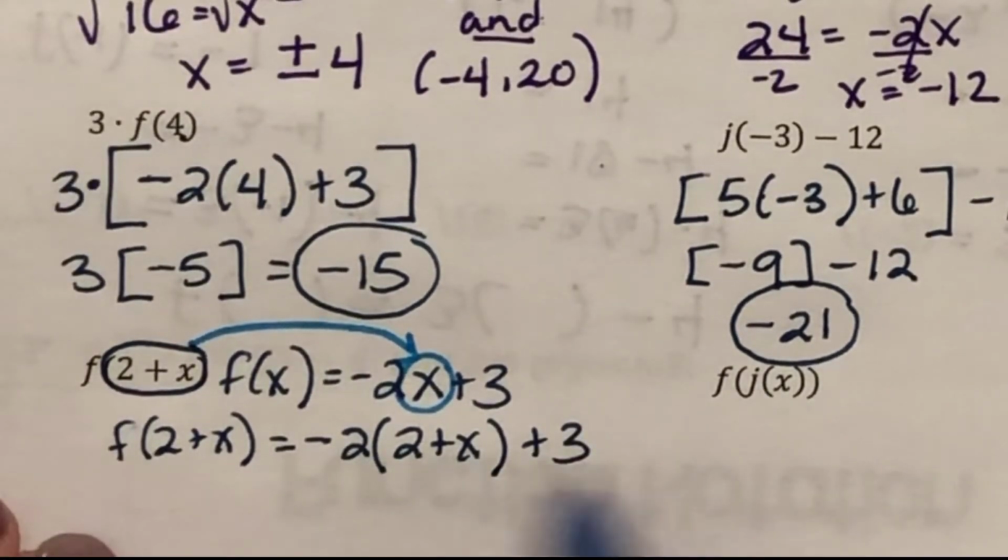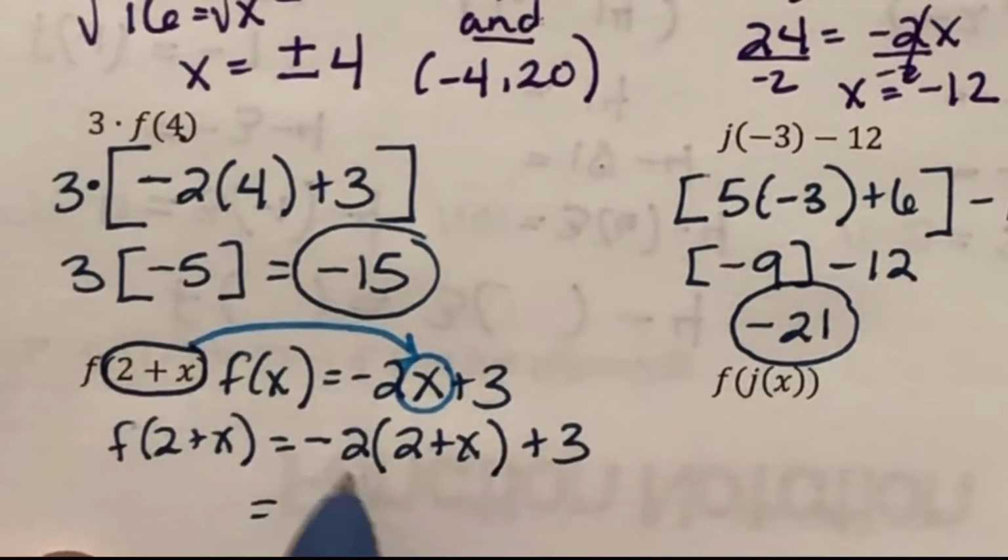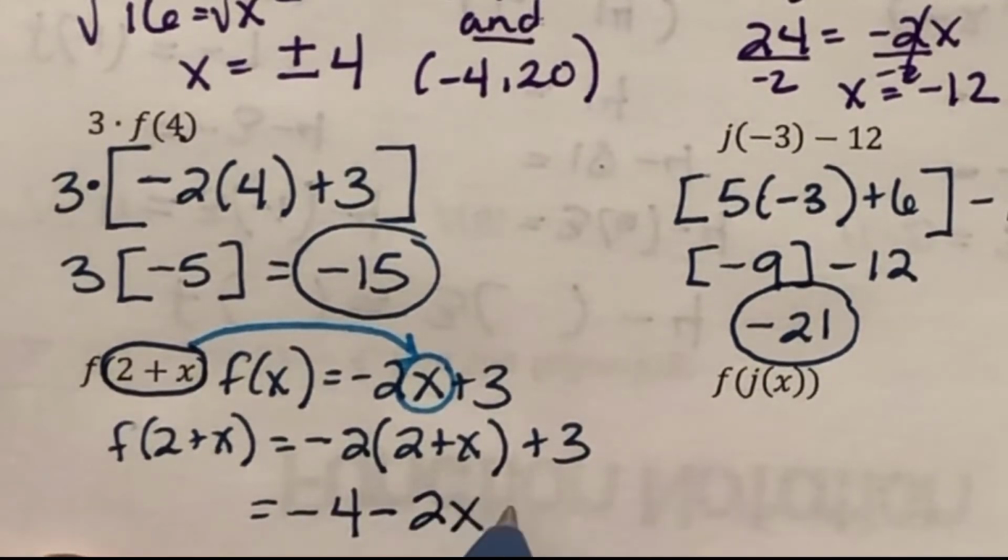And then I'm just going to simplify this. I'm going to distribute. And then I'm just going to simplify this as well. I'm going to put my x term in front. Negative 4 and a positive 3 is a negative 1.